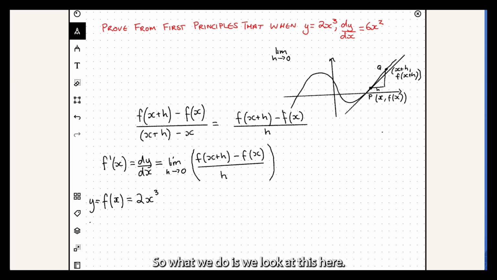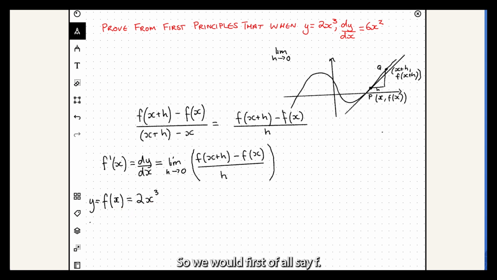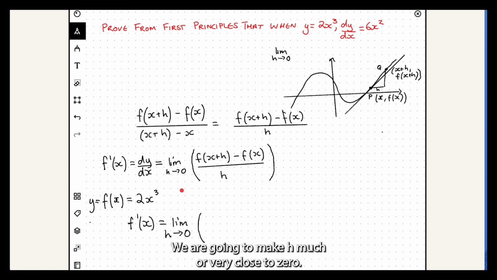So what we do is we look at this here, and as I say, we write this down first, and then we just substitute in our function. So we would first of all say f dash of x would equal the limit when h tends to 0. So we are going to make h very close to 0.